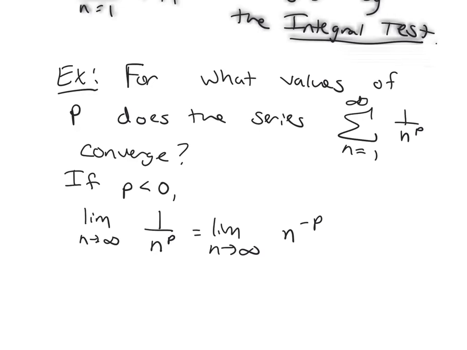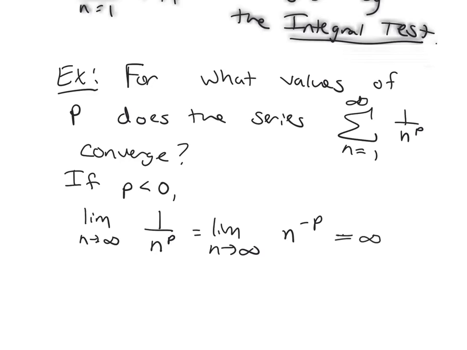So imagine that that power is like 2. So if I was looking at n squared, what would the limit of n squared be? Infinity. So that's what I'm going to get here. Because it's in the numerator, I'm getting infinity for this limit. I got something that's not 0, right? Infinity is definitely not 0.